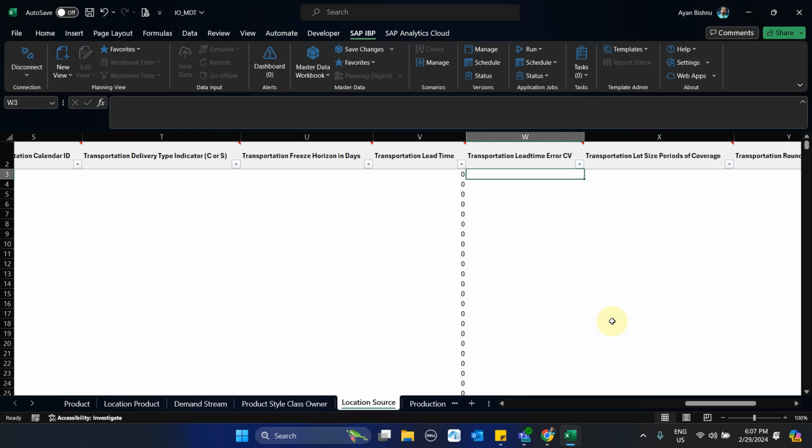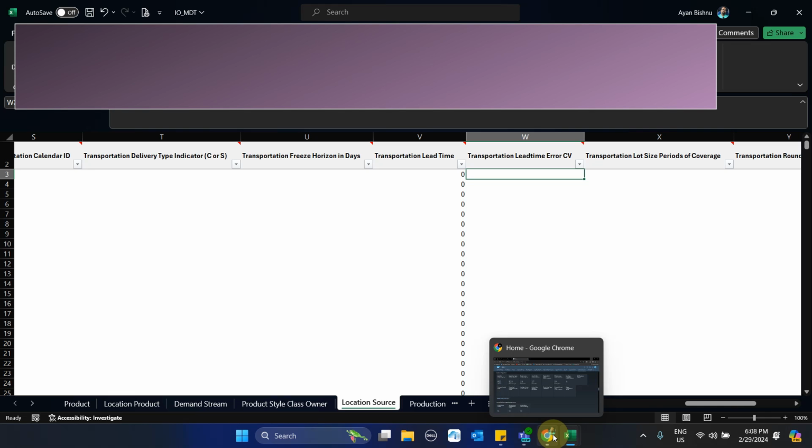Now moving on, IO, as you know, is a tool that was initially created by SmartOps and has been acquired by SAP. Inventory optimization runs on predefined key figures which we cannot change, which means I have predefined input key figures, predefined intermediary output key figures, and predefined output key figures that generally give me the results.